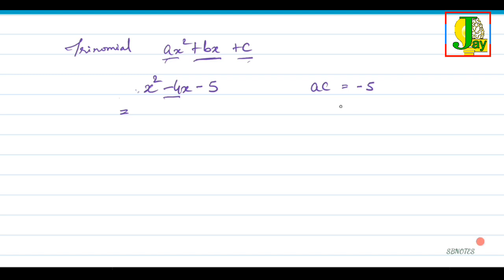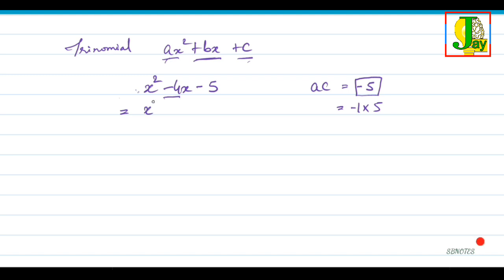Okay, so the factors, since this is a negative number, one has to be negative and the other one has to be positive. Okay, so minus 5, the factors are minus 1 into 5 or minus 5 into 1. Okay, so which one gives you minus 4? That's minus 1 plus 5. No, minus 5 plus 1.